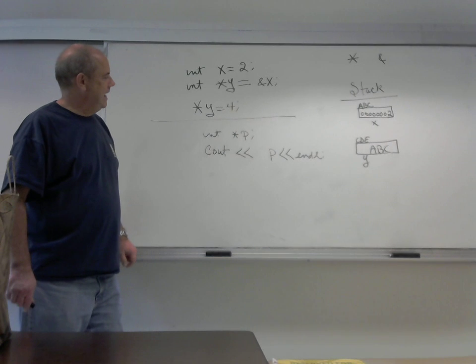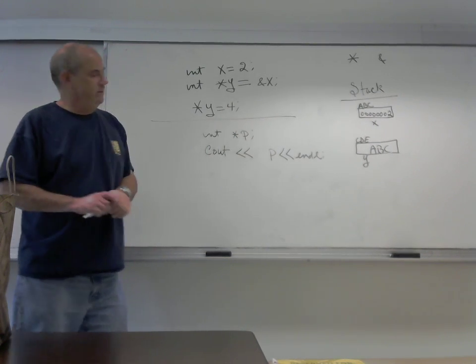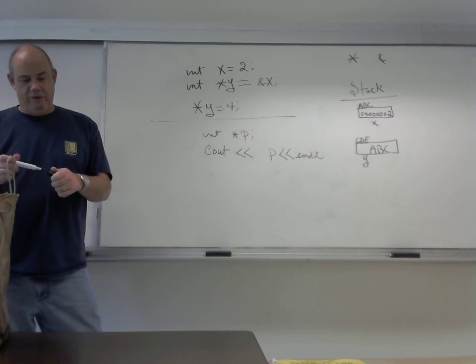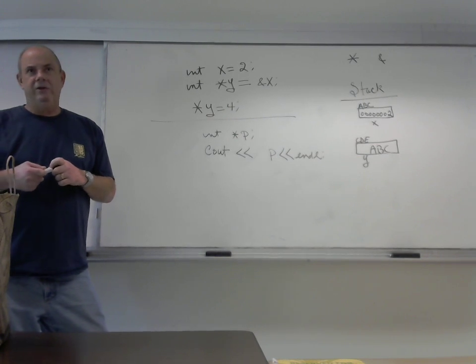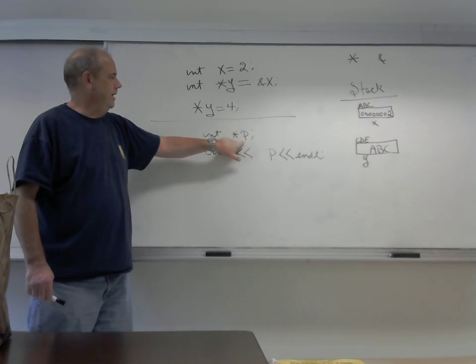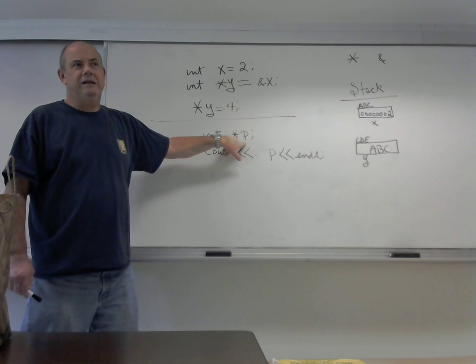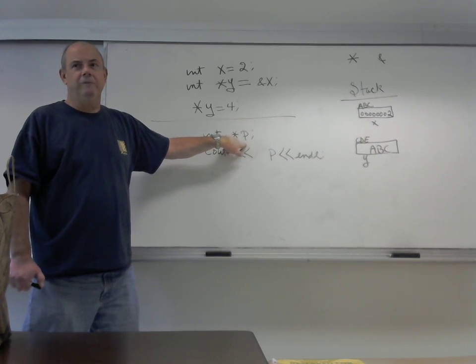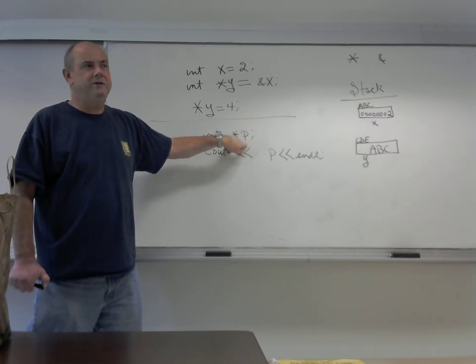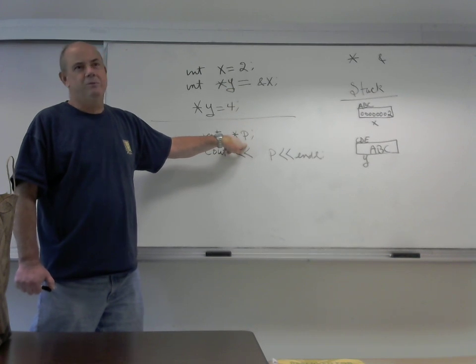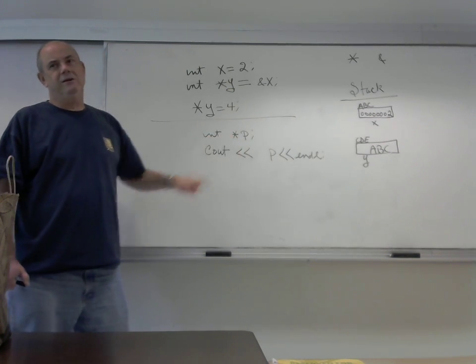The problem is, how could you declare a variable of type pointer without the dereference? How could you do it? This is dereferenced unless you're declaring it. So when you declare it this way, you're declaring the pointer. When you use this, however, it's not the pointer, it's what you're pointing to. I know it's a little confusing.